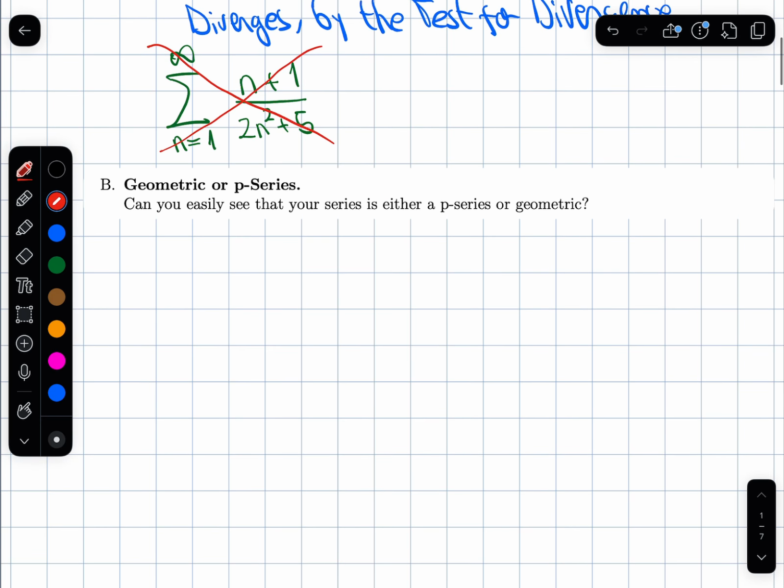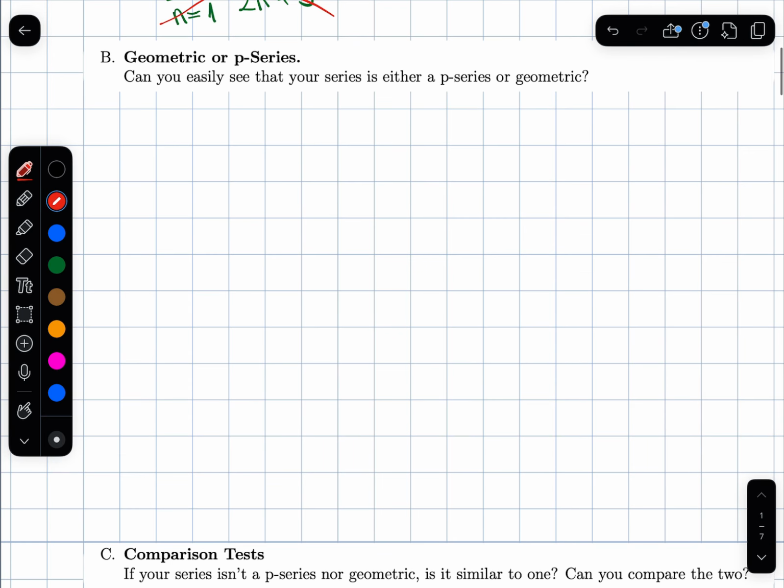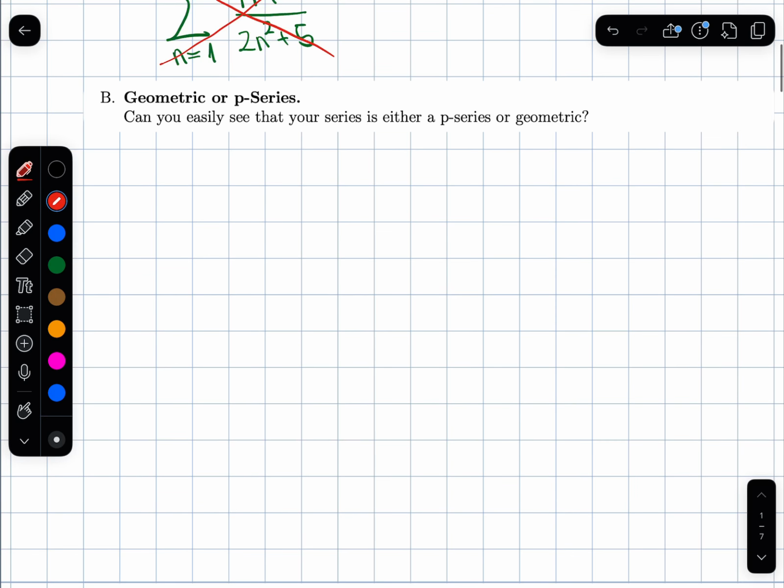So p-series and geometric, they're kind of on the same level for me because I think they're both very easily recognizable. So I don't have a preference between the two. I'll just use whichever of the two tests seems more appropriate to the series I'm given. So if I see something like this, is this a p-series?